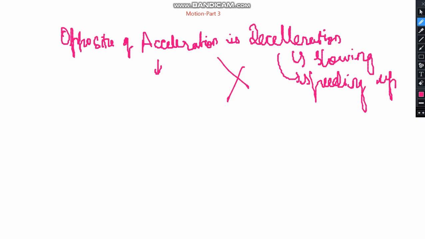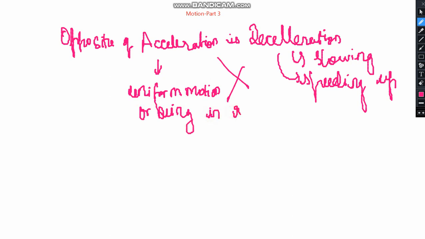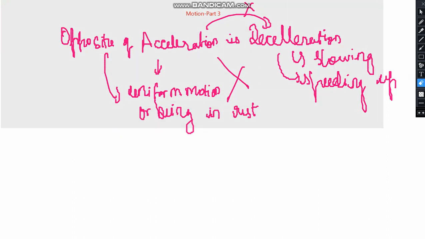The opposite of acceleration is uniform motion or being at rest. That is also uniform. This is the opposite, and not retardation or deceleration. That is something very important to understand. Many people keep in mind that the opposite of acceleration is deceleration. That's absolutely wrong. So let's derive the formulas.